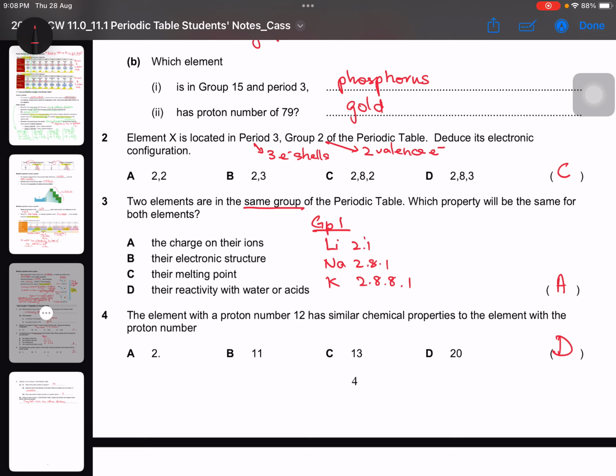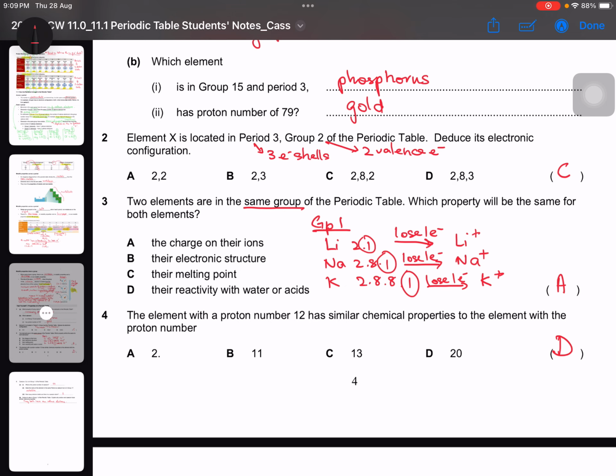So to be stable, they will all lose 1 electron, which means that it will be Li+, same thing, Na+, lose 1 electron, and this one also loses 1 electron, so this will be K+.